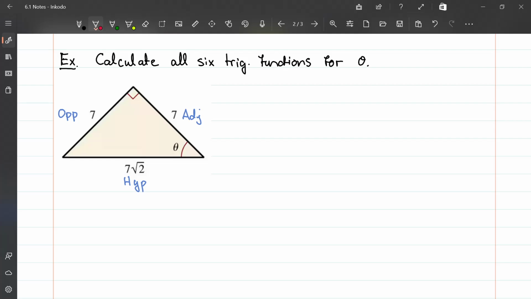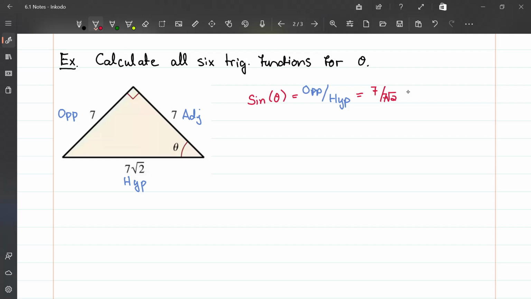Since the mnemonic starts with sine, let's go ahead and calculate sine first. So if I want to take sine of theta, remember that sine of theta should be the opposite divided by the hypotenuse. So if we consult our figure here, we quickly see that that's going to be found by taking 7 and dividing it by 7 root 2.